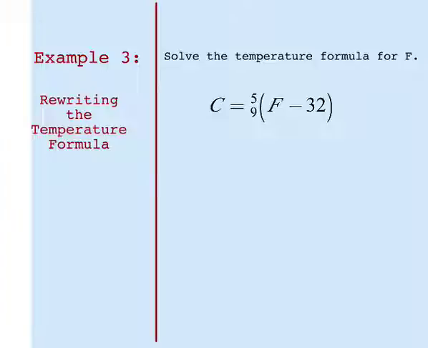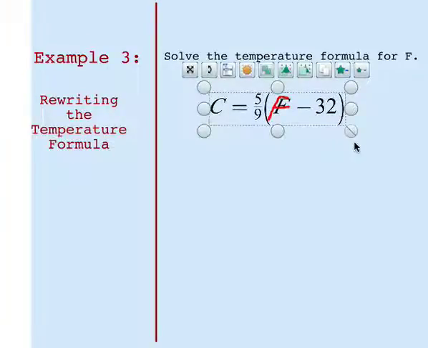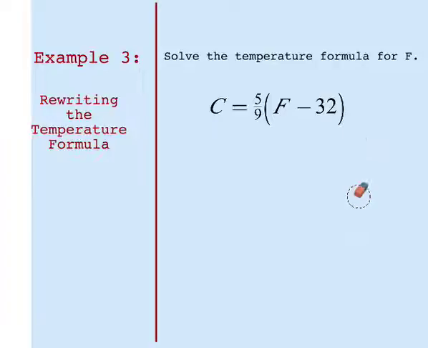So what I want to do is solve this for Fahrenheit. So you want to get the F by itself. I don't know if you can see that, but that is a division. The easiest thing to do right away, I know you want to use the distributive property, you can do that, or I'm going to multiply it by the reciprocal.